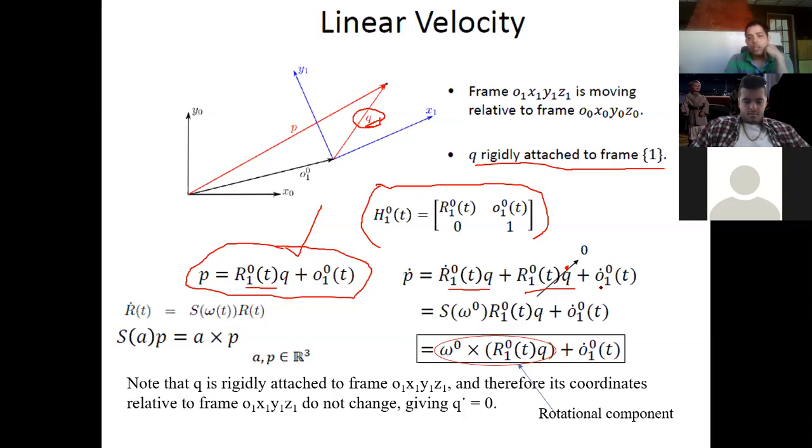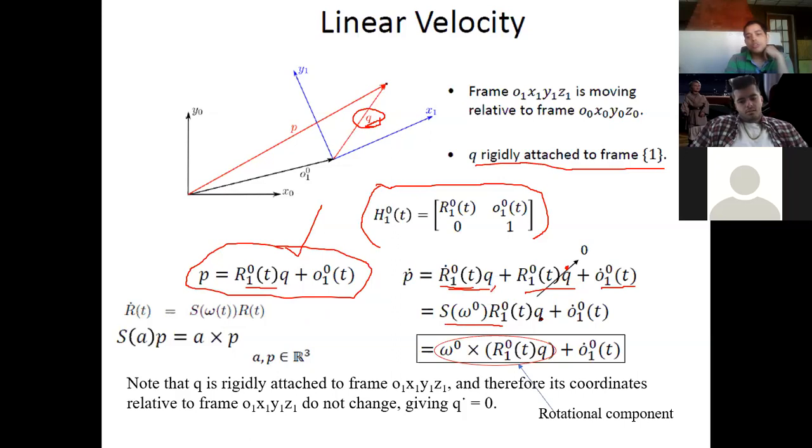Now remember, as we did before, this Q dot is 0. Remember, we did exactly the same thing before. Q dot is 0. So that's why my second term is 0 now. Now I'm using this equation here. R dot equals SR. So R dot is SR, right?